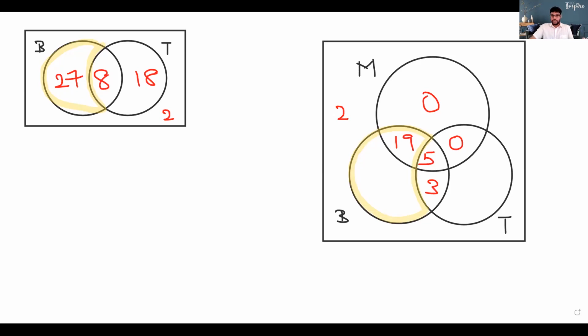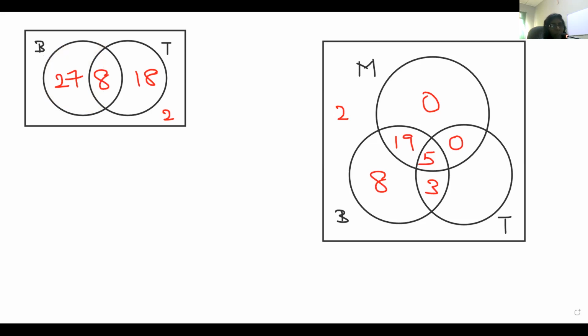So, out of those 27 children, 19 were male, right? That means 27 minus 19, right? So, we have 8 females who had bread only, right? So 8.